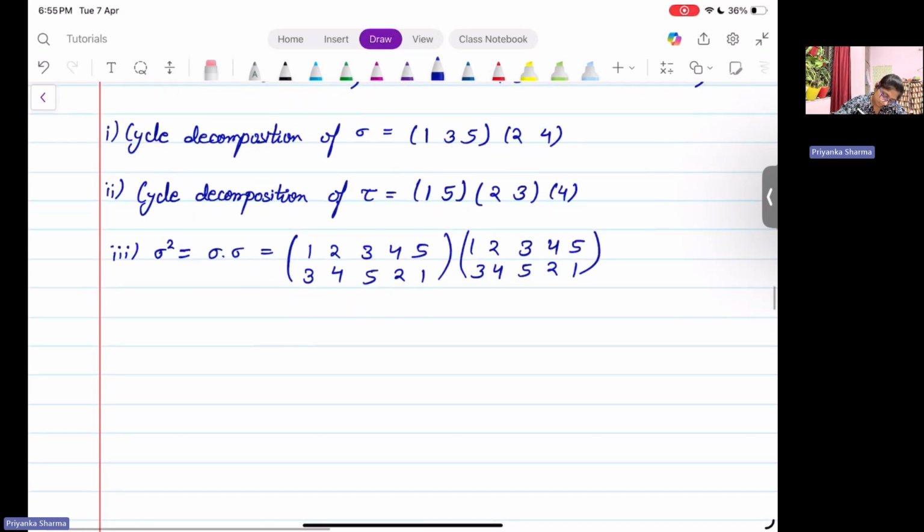So now we need to compute the product. See, here 1 goes to 3 and here 3 goes to 5. So here we will have 5. 2 goes to 4 and 4 goes to 2. 3 goes to 5 and 5 goes to 1. 4 goes to 2 and 2 goes to 4. 5 goes to 1 and 1 goes to 3.